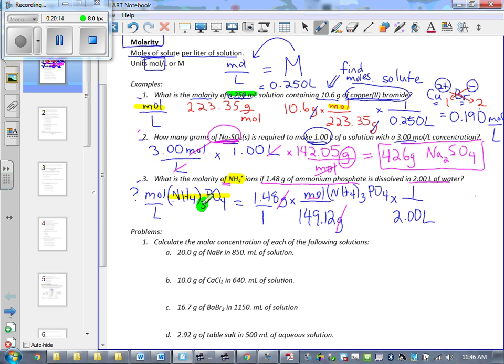So all we're going to do is multiply this by that ratio. So we have 3 parts or moles of ammonium for every 1 part or mole of ammonium phosphate.